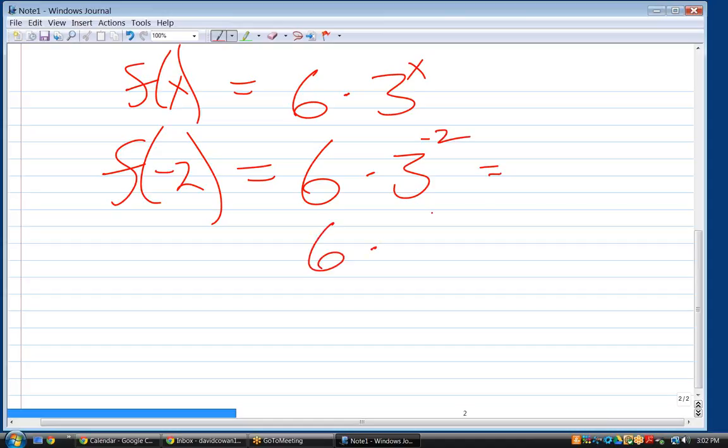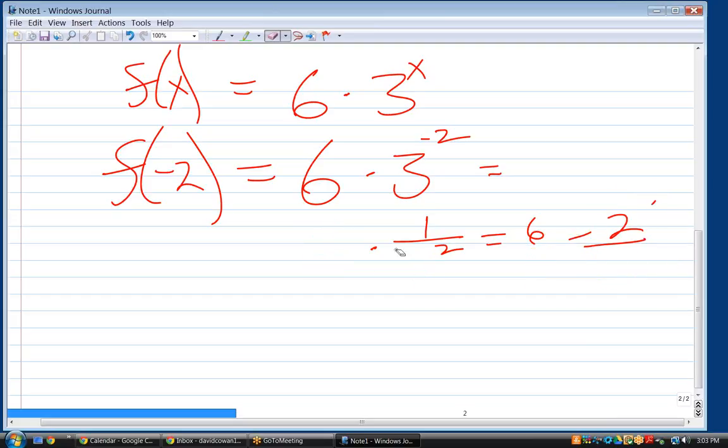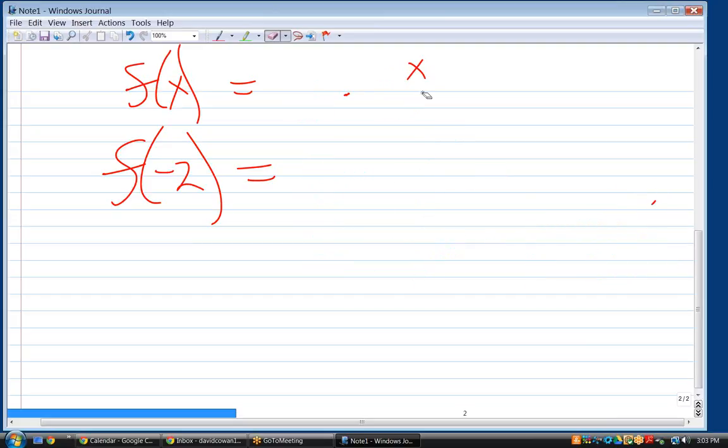Oh, it's 1 over 3 squared. In other words, whenever you have a negative exponent, it does not mean negative numbers. It just means the reciprocal. So 3 to the -2 means 1 over 3 squared, which is 1/9 times 6 is 6/9, simplifies to 2/3.